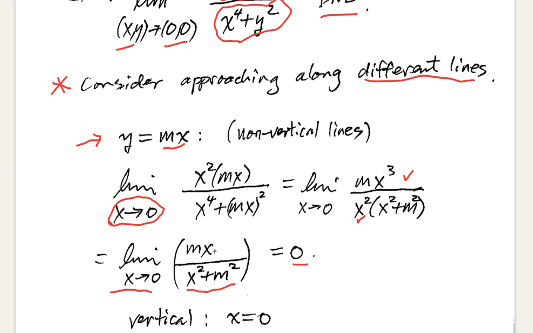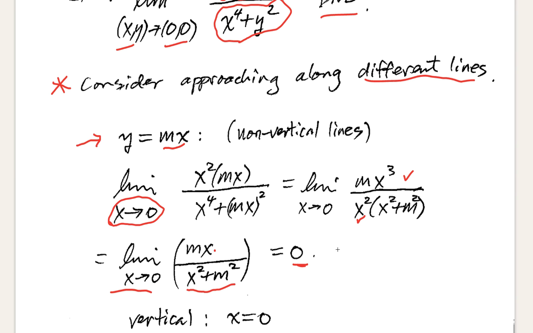Now, if m is not equal to 0, consider what happens as x approaches 0 here. Even if m is a constant that's not 0, you can see the numerator is going to be approaching 0, right? Because x is approaching 0. The denominator would be approaching m squared. But m isn't 0, so you're going 0 divided by m squared, or something approaching 0 divided by m squared, and you would get a limit 0 once again.